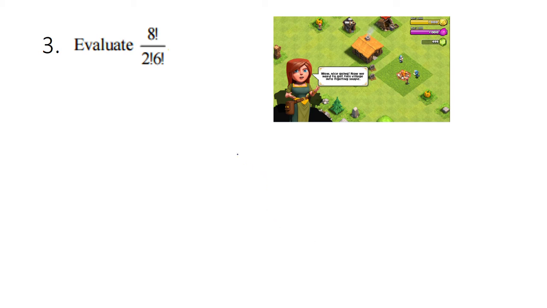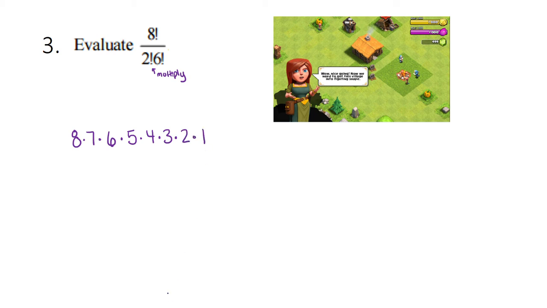In this question, we have 8 factorial divided by 2 factorial, and it's right next to 6 factorial. So in a way, this is multiplication. Alright, ready? So the numerator, we have 8 times 7 times 6 times 5 times 4 times 3 times 2 times 1.